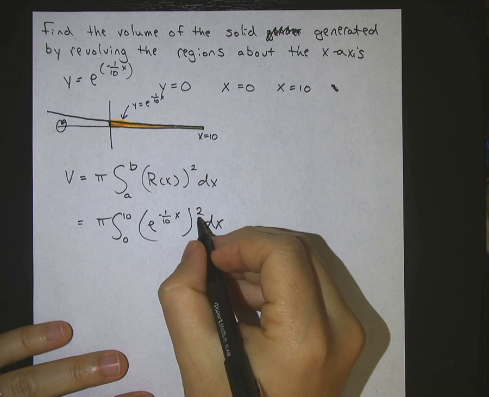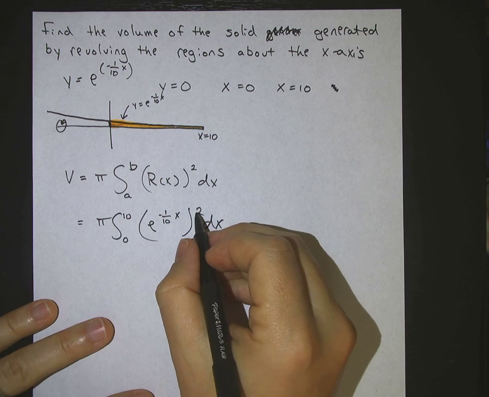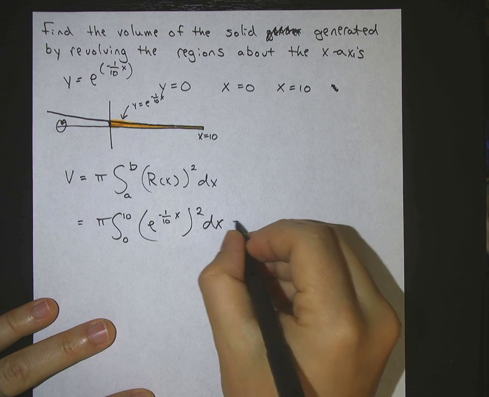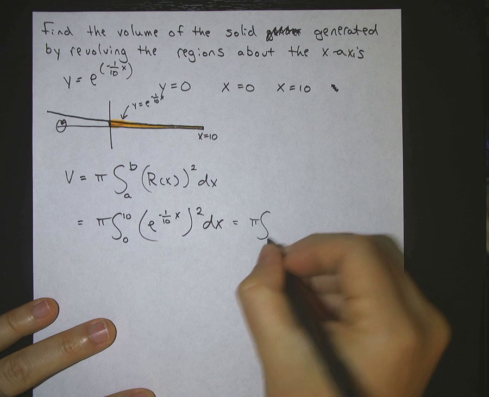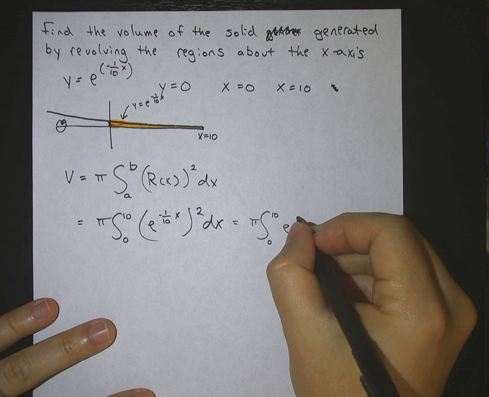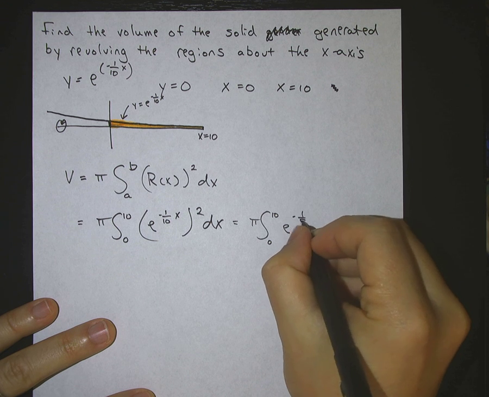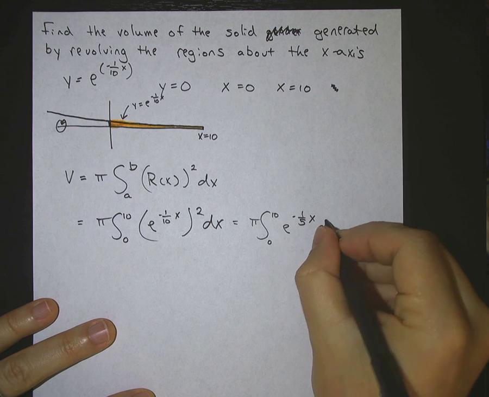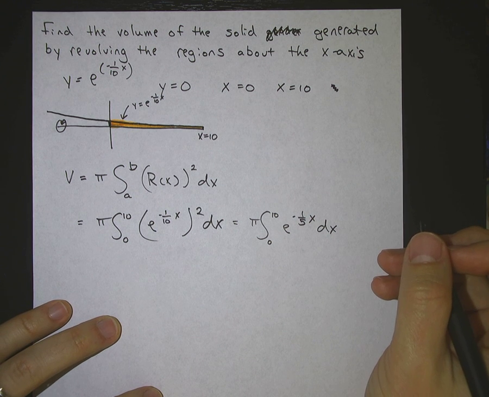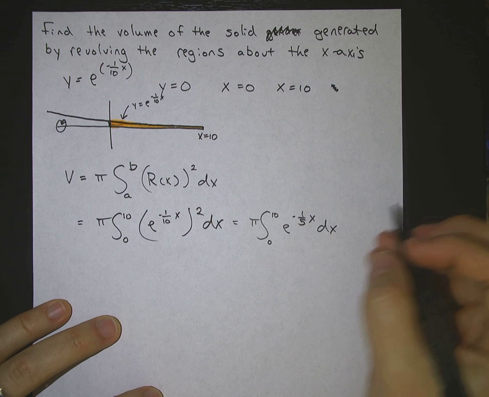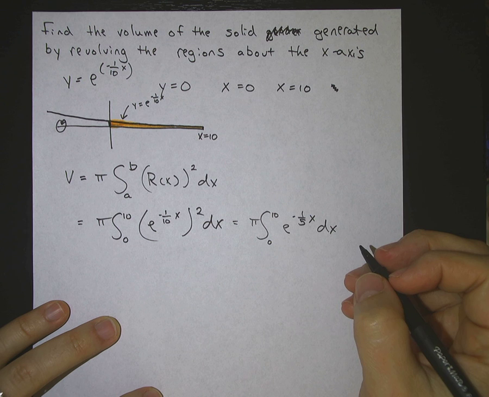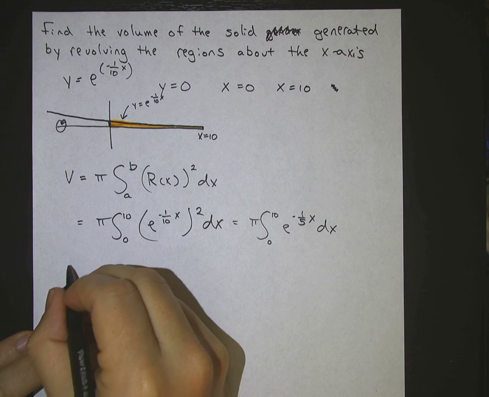Okay, we can go ahead and figure out this integral since it's a pretty short problem. Distribute the 2 to the e to the negative 1/10 x. That will give you pi, 0 to 10 of e to the negative 2/10 x, or negative 1/5 x dx. When we go to integrate this, you can do a u substitution, or you can just do this the quick way if you're familiar with that.